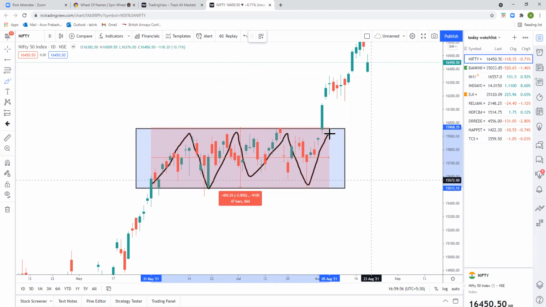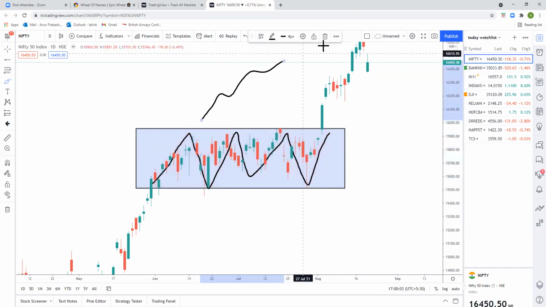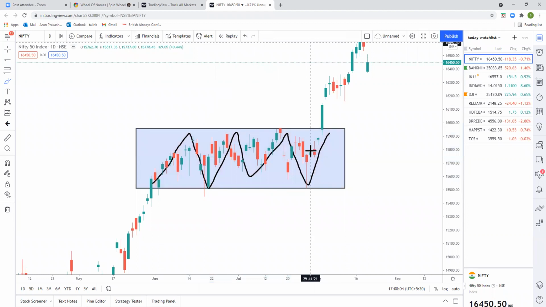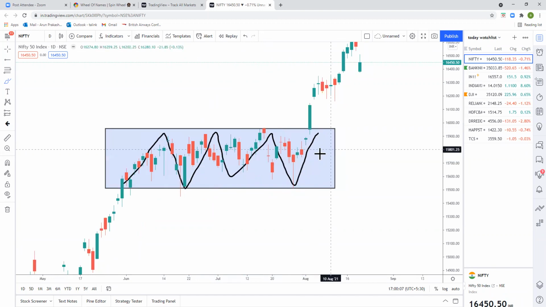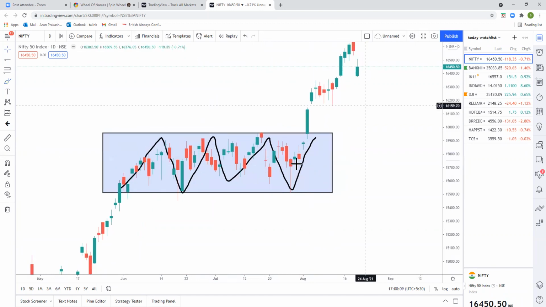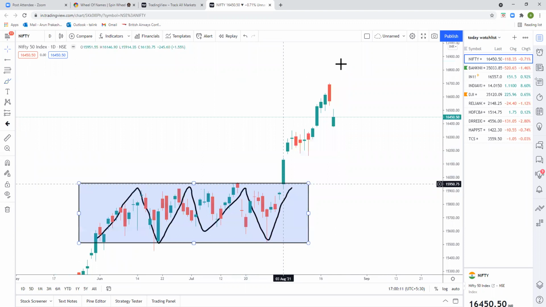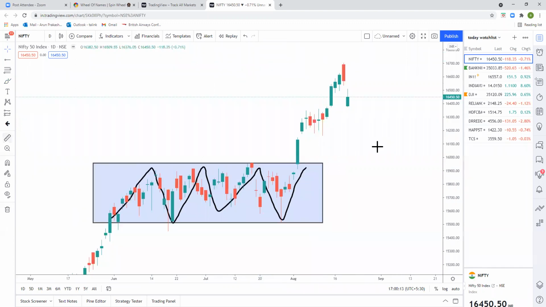This entire zone is a zone of consolidation, so this is a ranging market. You will not have any trending days. Only when this range gets broken will you have huge trending days. The moment this range was broken, the market was off to a flyer. It moved up almost 5% in less than 15 trading sessions.